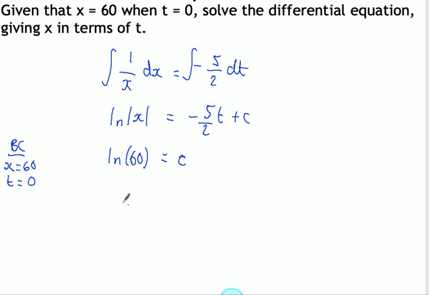So let's now write this out in full. Cool, we're nearly there. The question says giving x in terms of t. At the moment we've got ln x in terms of t. So take exponentials of both expressions.